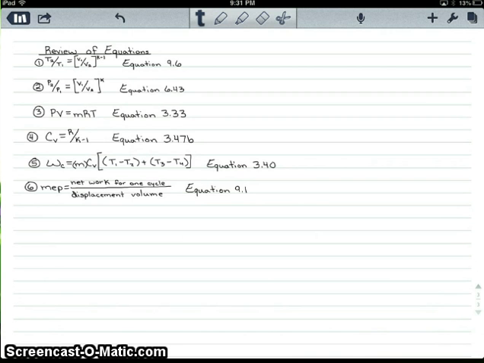Number 4, cv is equal to R divided by k minus 1, equation 3.47b. Number 5, work is equal to m times cv, open bracket, T1 minus T2 plus T3 minus T4, close bracket, equation 3.40. And 6, MEP is equal to the net work for 1 cycle divided by displacement volume, equation 9.1.